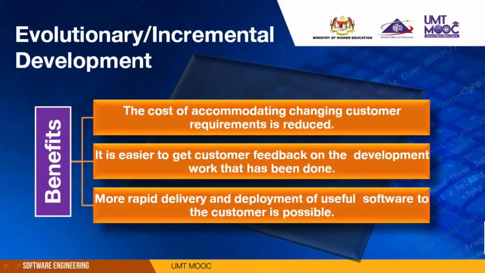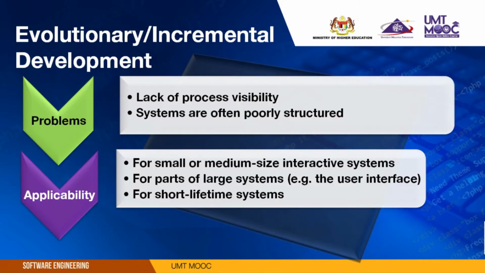Compared to the waterfall model, the incremental model has 3 major benefits. The cost of accommodating changing customer requirements is reduced. It is easy to get customer feedback on the development work that has been done. More rapid delivery and deployment of useful software to the customer is possible.